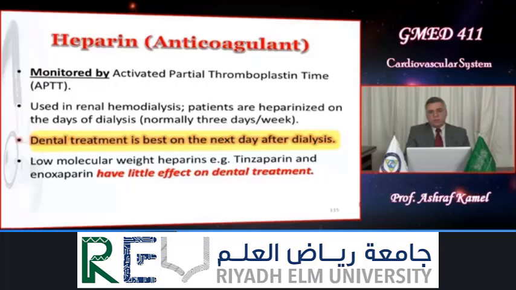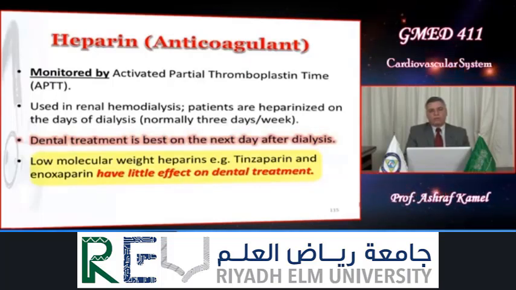The best time to treat these patients is after the end of the effect of heparin, which is usually on the next day after hemodialysis. There are certain types of heparins we call the low molecular weight heparins, like tinzaparin, dalteparin, enoxaparin, and these low molecular weight heparins have little effect on dental treatment.